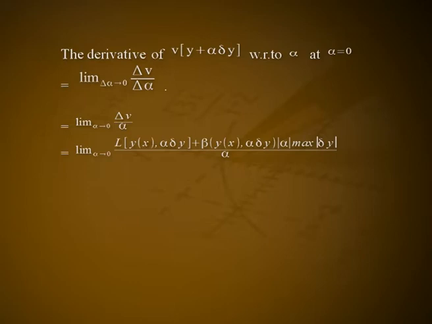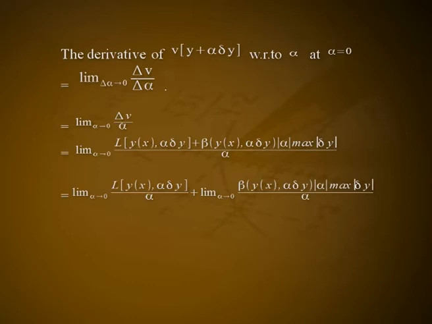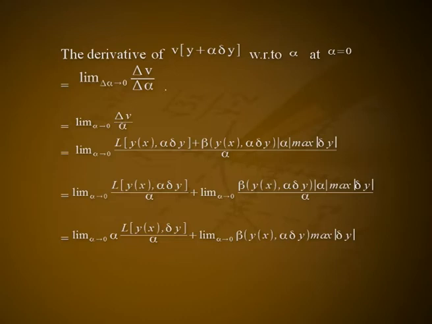Limit as alpha tends to 0 of L of y of x, alpha delta y plus beta of y of x, alpha delta y times mod alpha times maximum of mod delta y, all divided by alpha, equals the limit of L of y of x, alpha delta y by alpha plus the limit of beta of y of x, alpha delta y times alpha times maximum of delta y, all divided by alpha, which is equal to L of y of x, delta y by alpha plus the limit of beta of y of x, alpha delta y times maximum of delta y, which is equal to L of y, delta y, since beta of y of x, alpha delta y tends to 0 as alpha tends to 0.